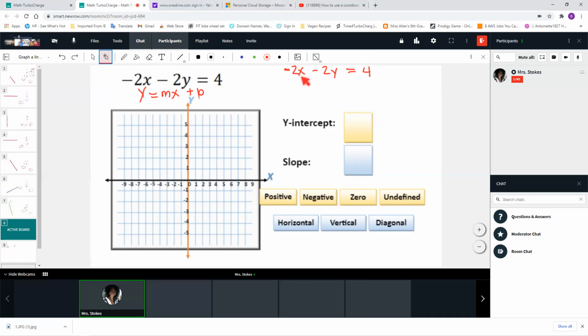Now, this problem has 2 terms on the left, and what that just means is this -2x is one term, and then I see another operation that's either negative or positive that represents another term, which is -2y. So let's move the -2x by doing the opposite. Okay, so let's go ahead and do that. Plus 2x. Okay, well, -2 plus 2 is 0. Okay, and 0 times x is 0.